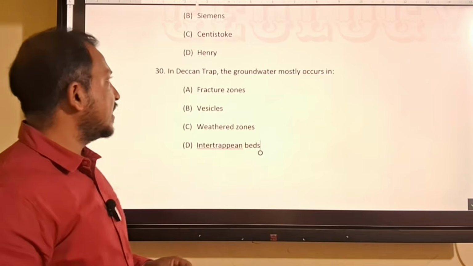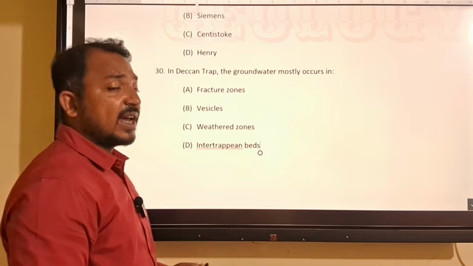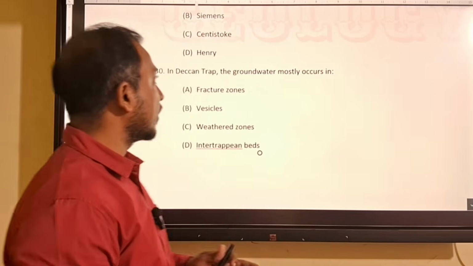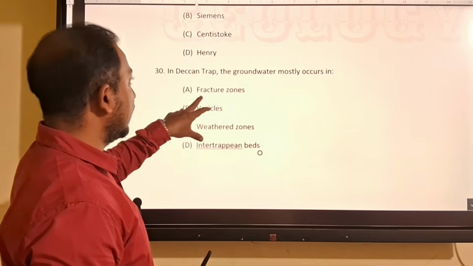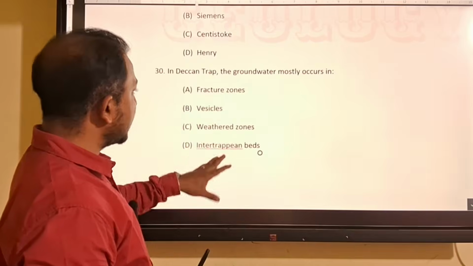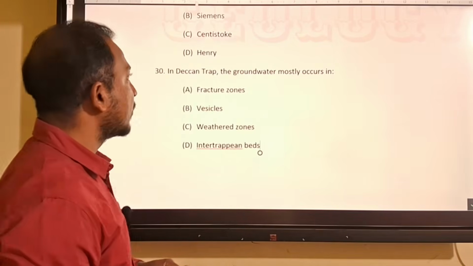Let's come to the next question: in the Deccan Trap, the groundwater mostly occurs in. Deccan Trap consists of igneous rock. In igneous rock, groundwater mostly occurs along fracture zones, vesicles, weathered zones, and intertrappean beds; all can contain groundwater.